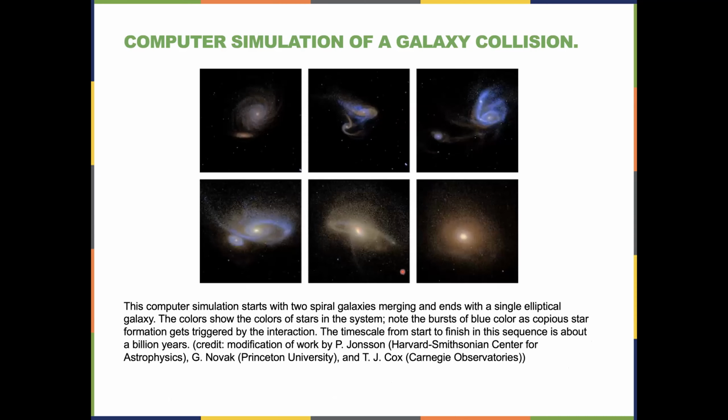And here is a computer simulation of two spiral galaxies merging and ending up with a single elliptical galaxy, right? Now, these are the evidences that we have that we can think that these elliptical galaxies that we see today may be a result of interaction of two spiral galaxies, right?